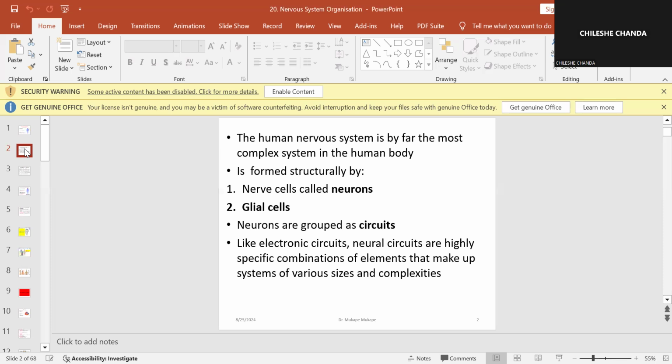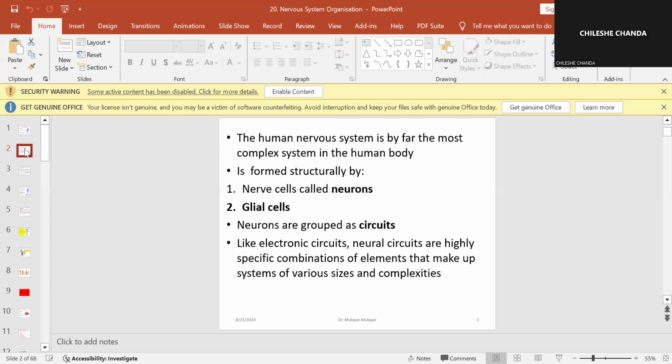It is also made up of other, supportive cells, and these cells are known as glial cells.